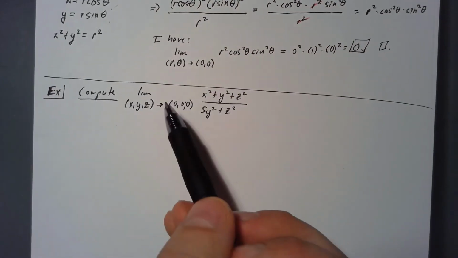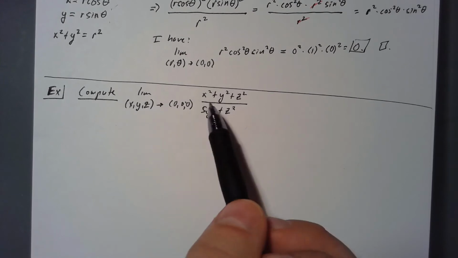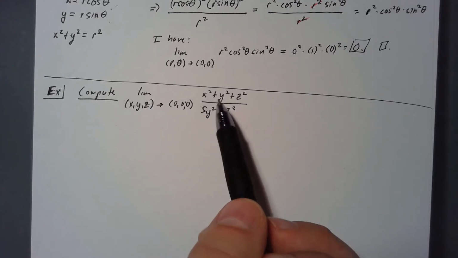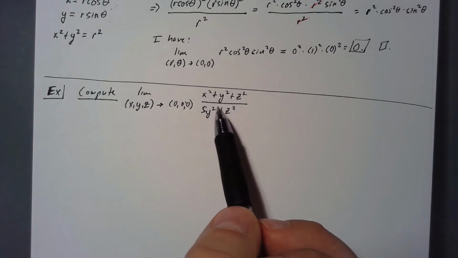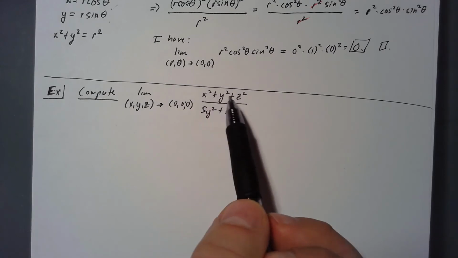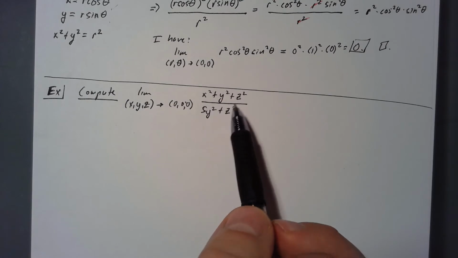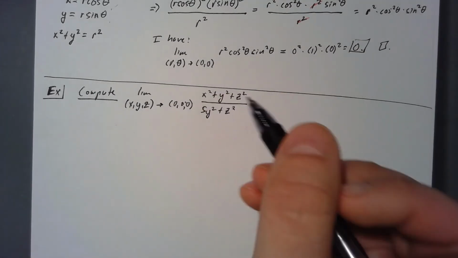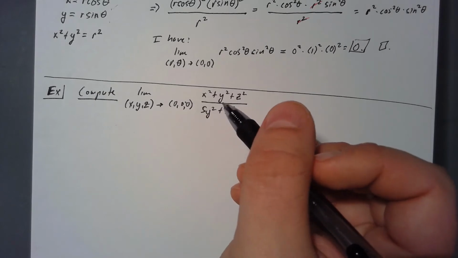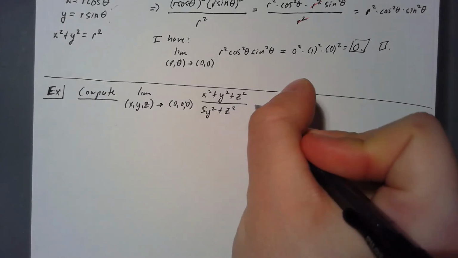First things first, if you plug these values in, you're going to get 0 plus 0 plus 0 all over 0 plus 0. That's going to give you indeterminate form. That should be pretty obvious.